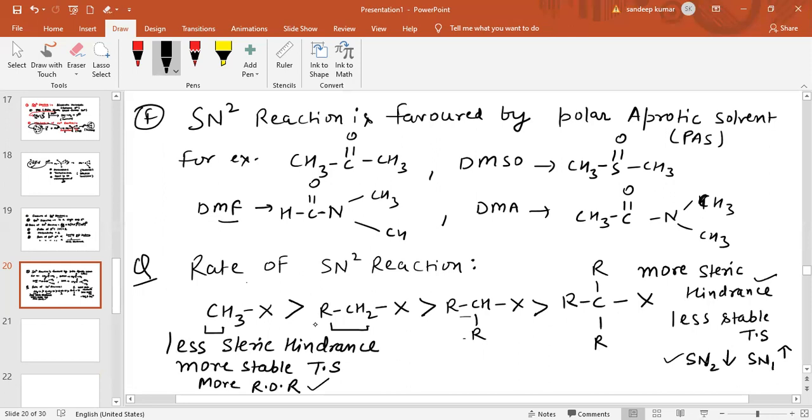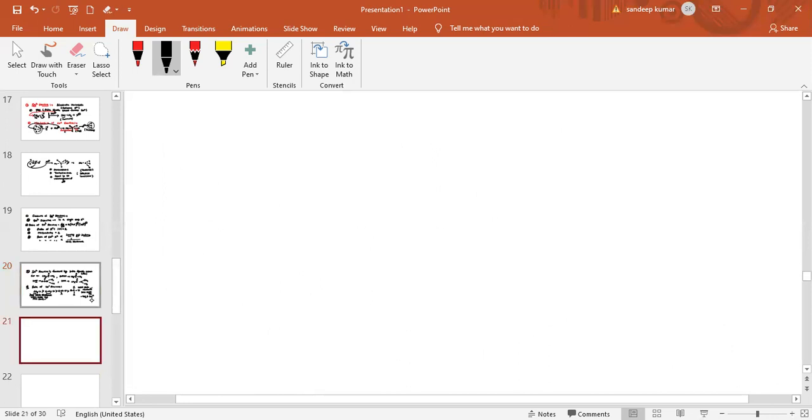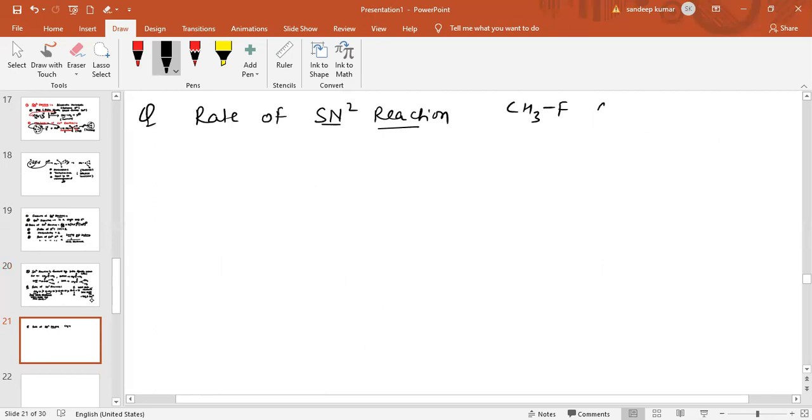Now see another question based on this. We have to compare the rate of SN2 reaction for CH3F, CH3Cl, CH3Br, and CH3I.